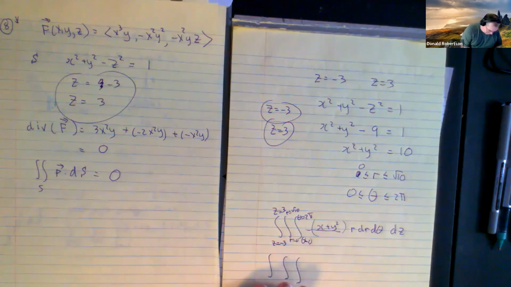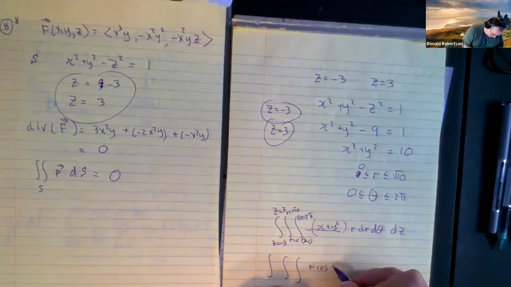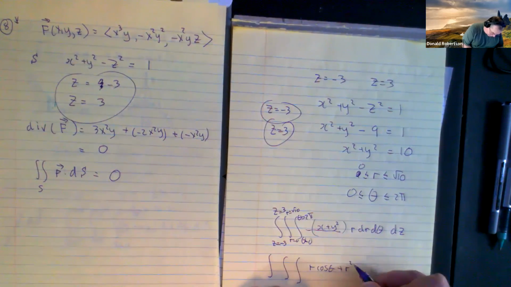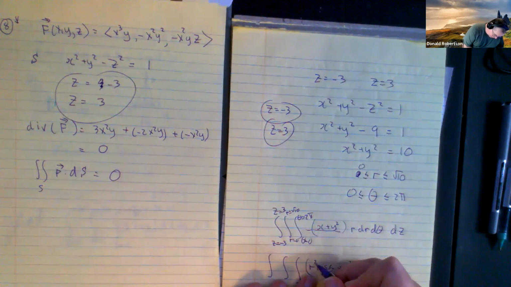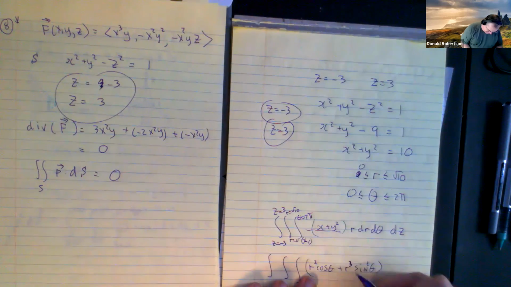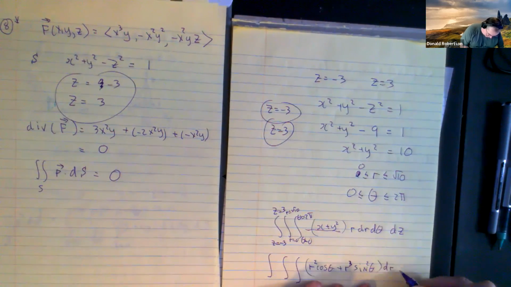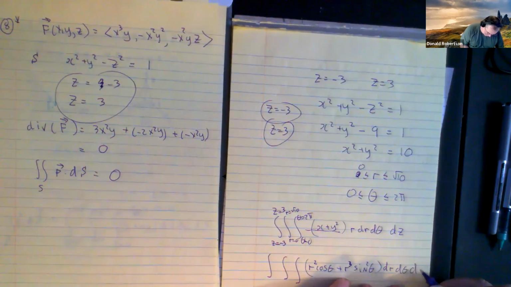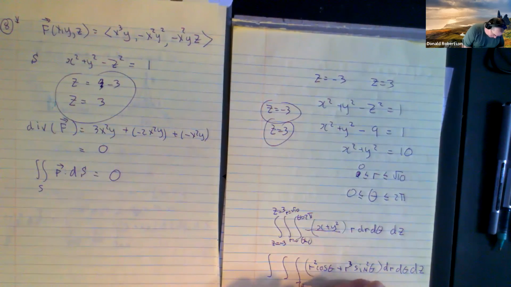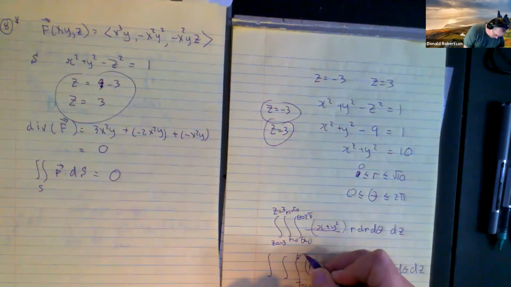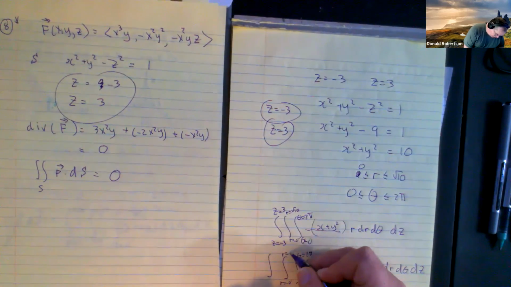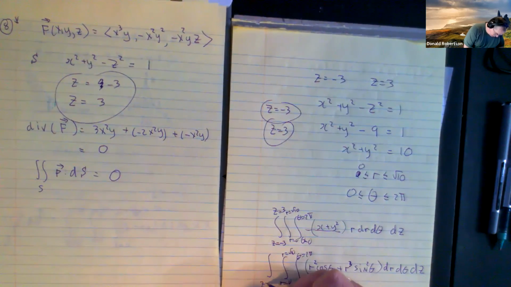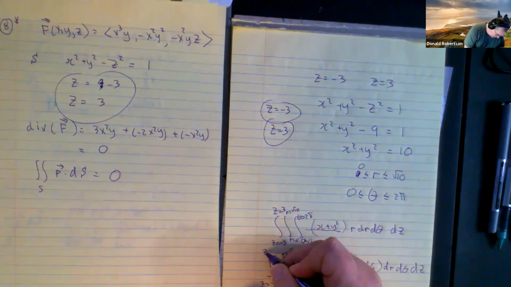So the x would become r cos theta, and the y squared would become r squared sine squared theta. And then you'd multiply by another r, so that would become that guy. And then you would do dr, d theta, and dz. And then theta goes 0 to 2 pi, r goes from 0 to root 10, and finish with z equals negative 3 to z equals 3.